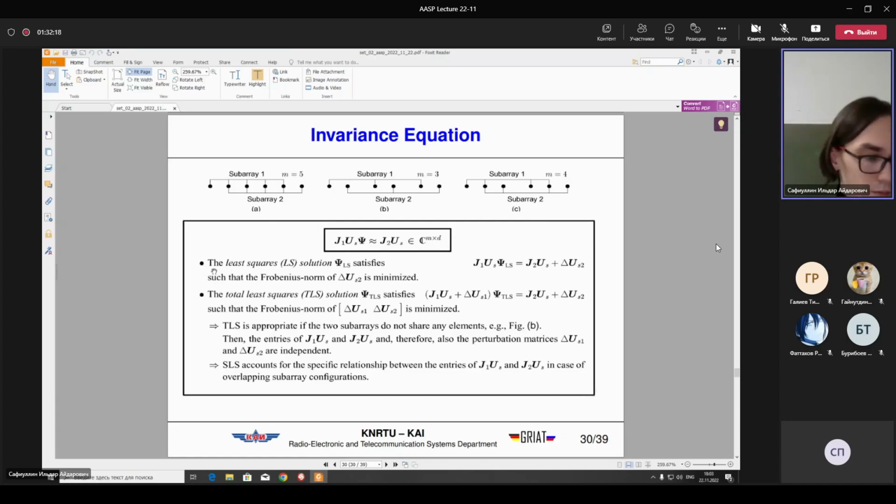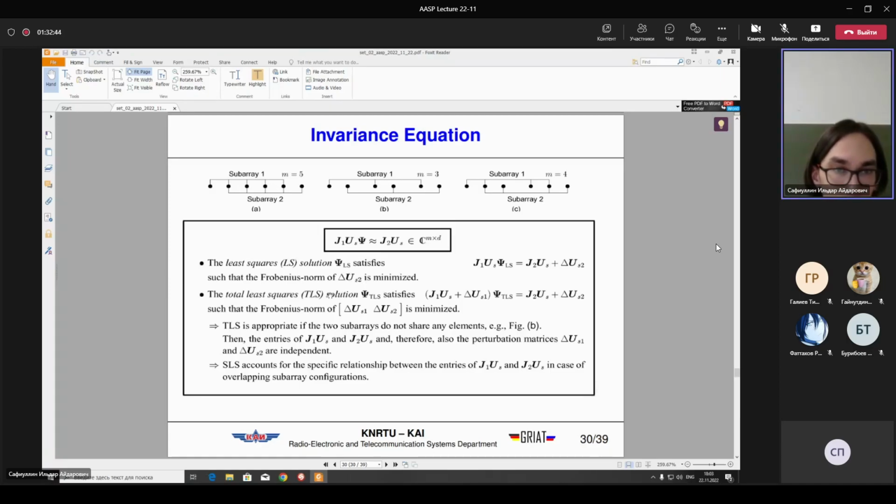And if we review our previous algorithms, the least squares solution is the easiest solution, let's say. You can see that we want to minimize it in this solution, the error for the second subspace.